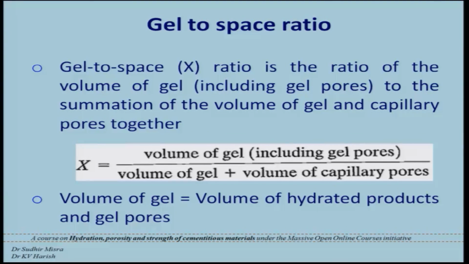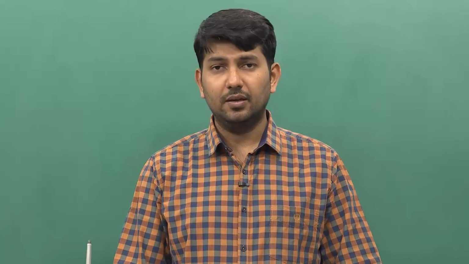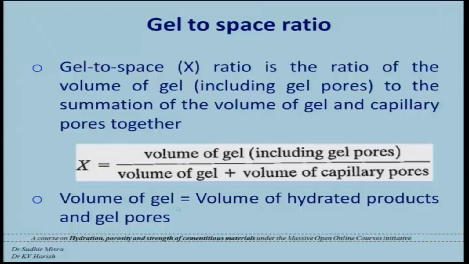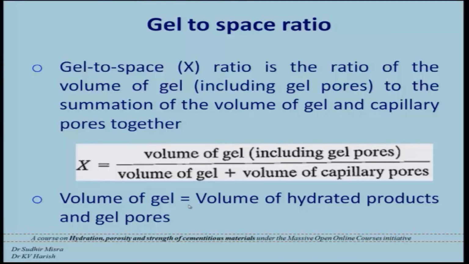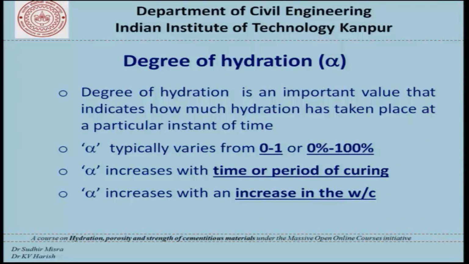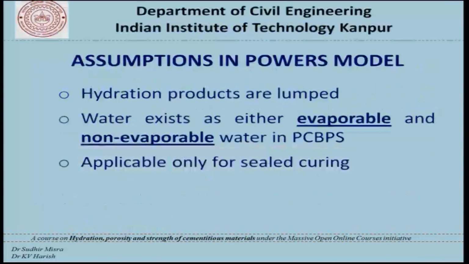Will it increase the properties of concrete or decrease the properties of concrete? That is what we are going to see in the next few slides or in the next lecture. Now, volume of gel includes volume of hydration products plus the gel pores. So, that is all about this microstructural parameter definition of degree of hydration and gel to space ratio.